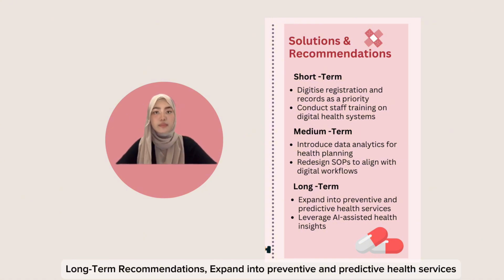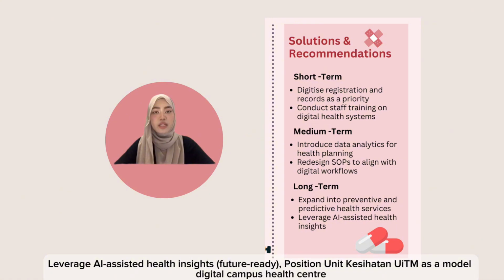And the long-term recommendation is to expand into preventative and predictive health services, leverage AI-assisted health insight to be future ready, and position Unit Kesihatan UiTM as a model digital campus health center.